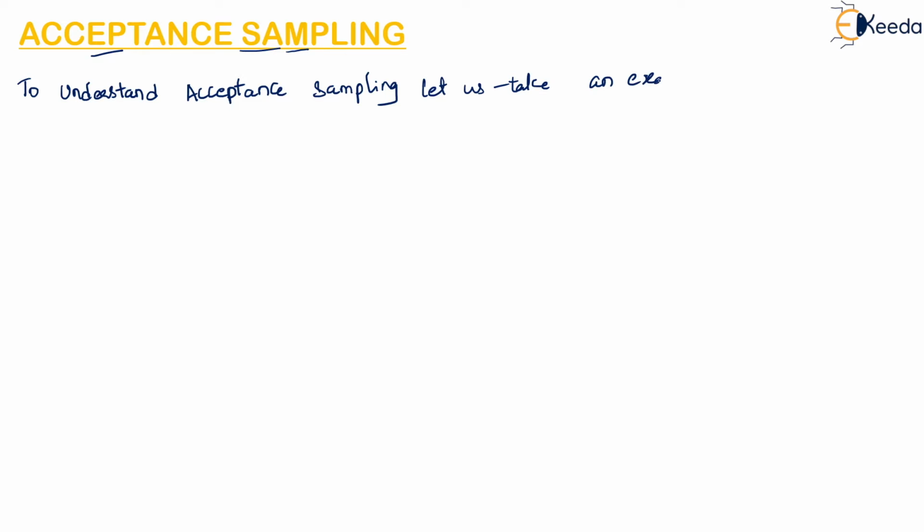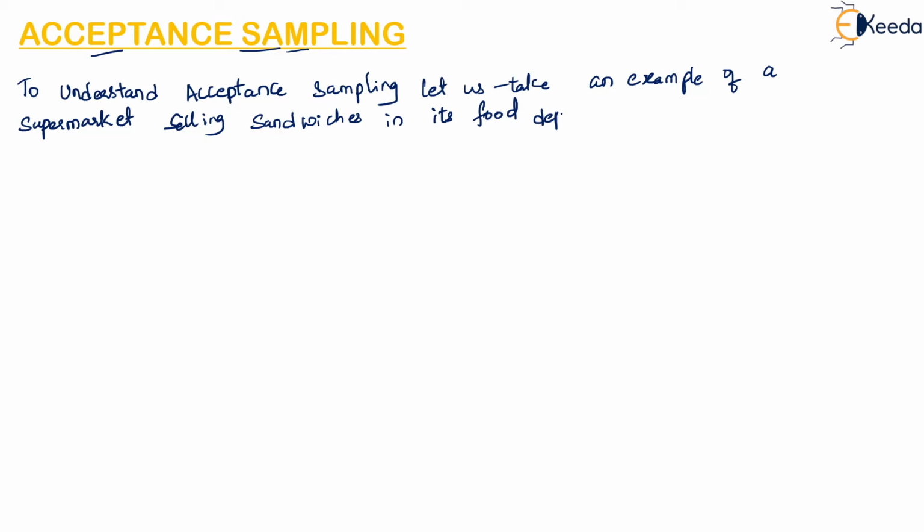So to understand acceptance sampling, let us take an example of a supermarket selling sandwiches in its food department.